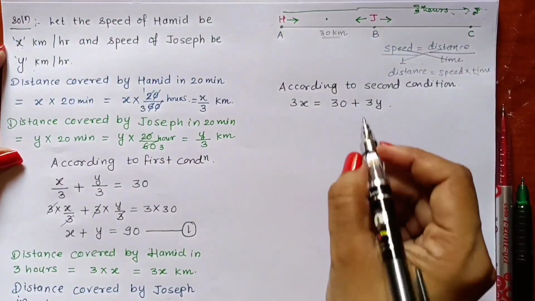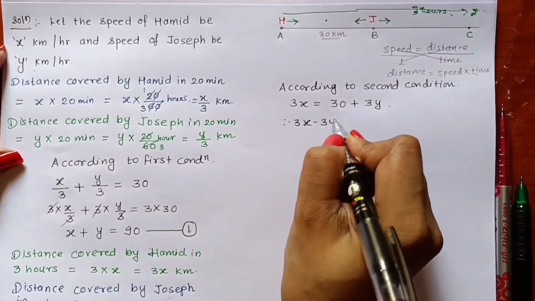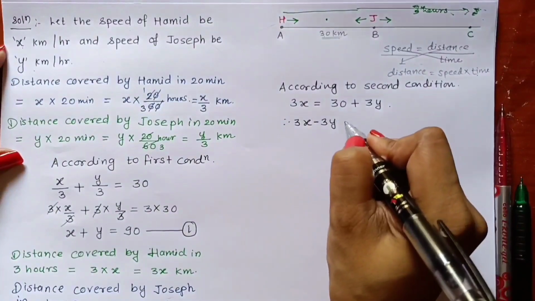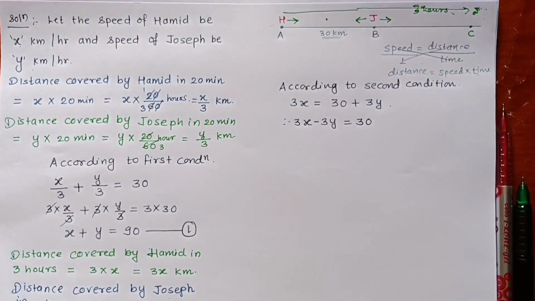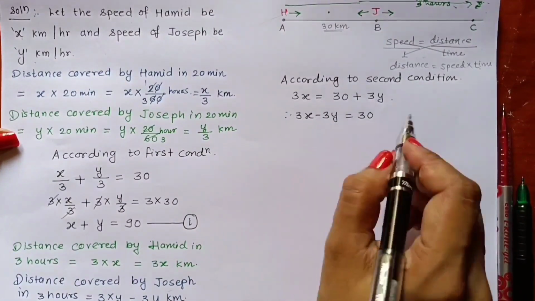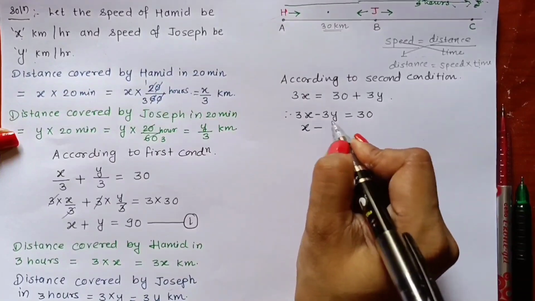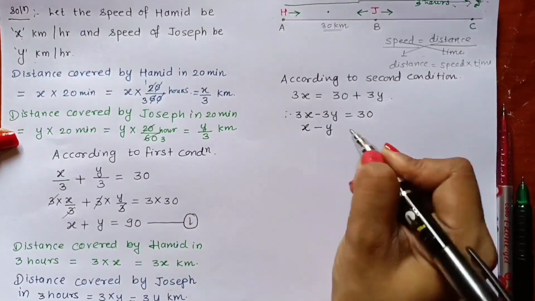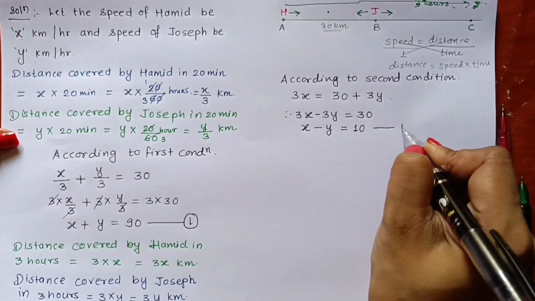Okay, and now this 3y transferred becomes 3x minus 3y is equal to 30. Now we can see all these numbers are divisible by 3. So let us divide by 3. 3x divided by 3 is 1x. 3y divided by 3 is 1y. 30 divided by 3 is 10. So this is our equation number 2.